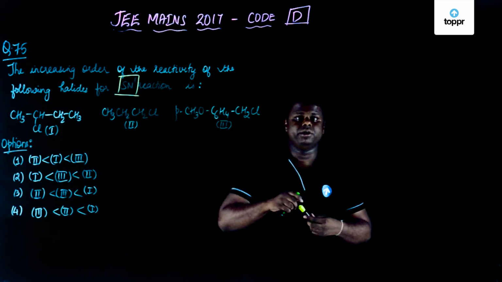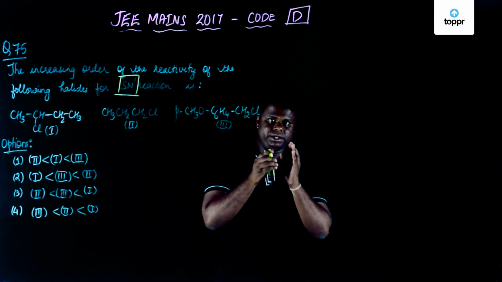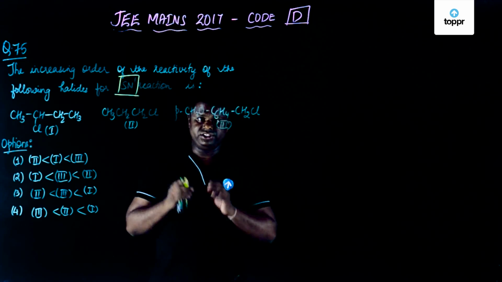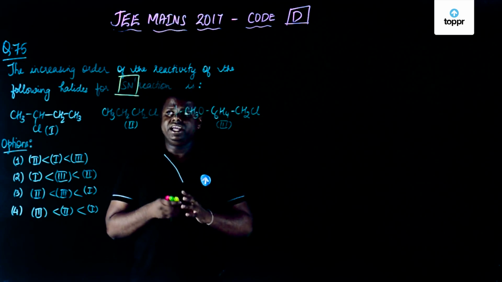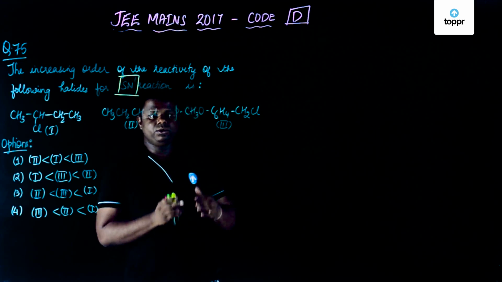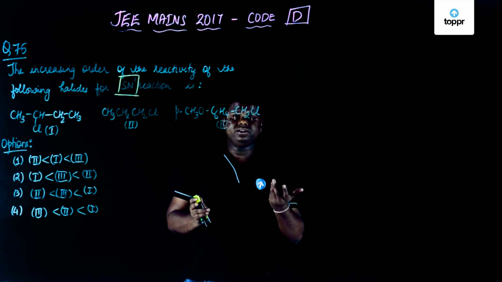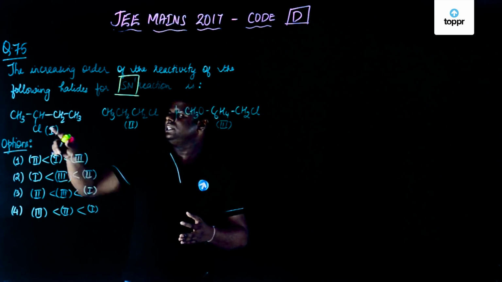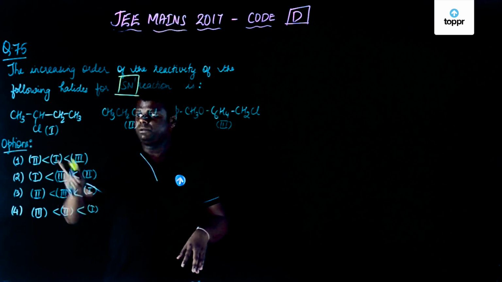SN1 means unimolecular. Just one reactant is going to decide the rate of the reaction, determine the progress of the reaction. So if you could see here, the nucleophile does not attack. Then the reaction has to happen over here. That means this Cl will be substituted by the nucleophile, so the bond should break.